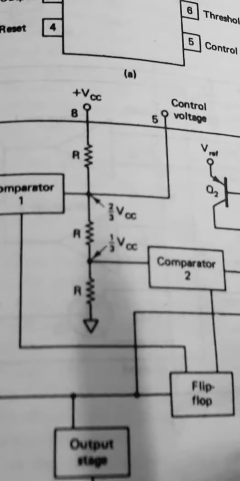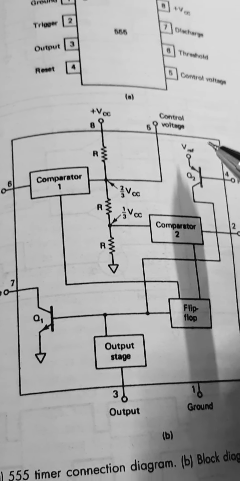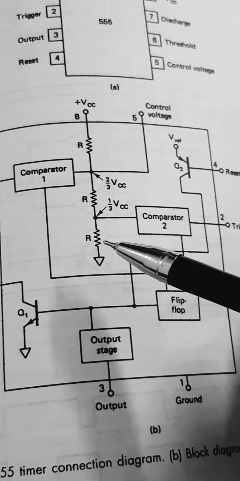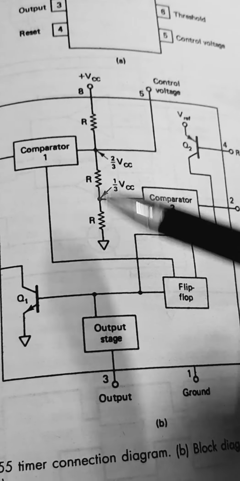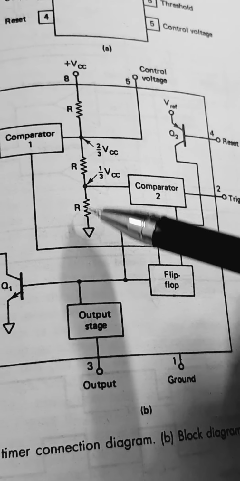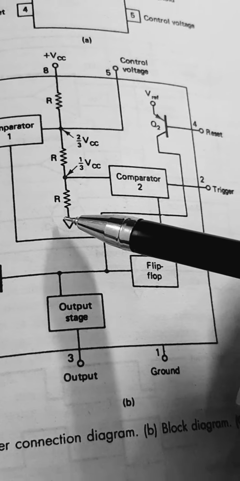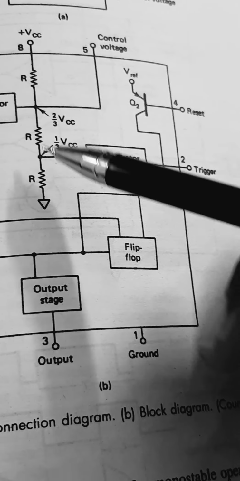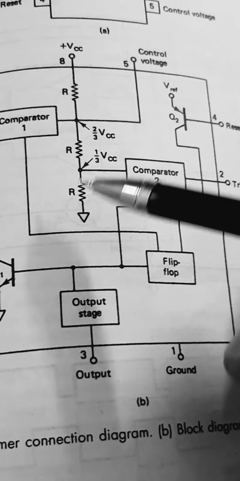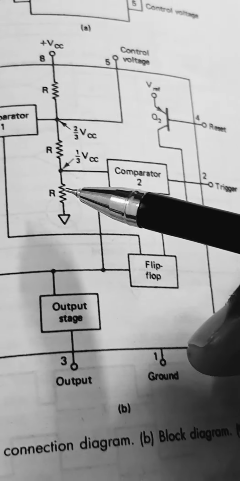Now, the internal structure of 555 timer. You can see here there is a voltage divider circuit with equal resistors. Starting from the ground, you can see 3 resistors of equal resistance value, and it is a voltage divider.